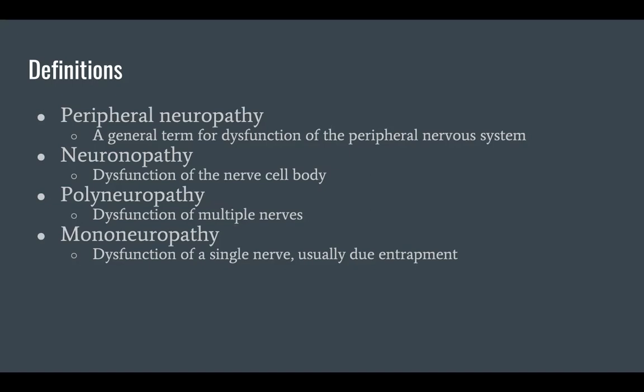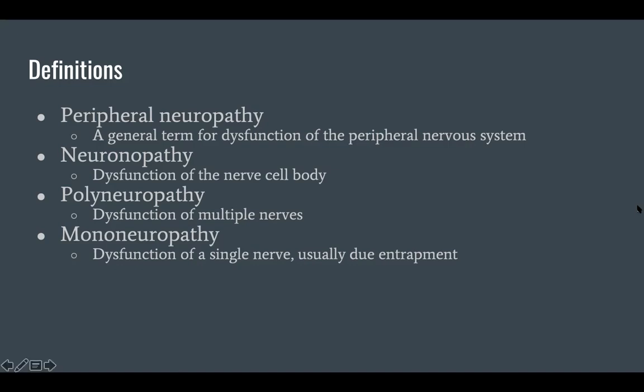So peripheral neuropathies are dysfunctions, obviously, of the peripheral nervous system. So think of like arms and legs. Neuropathy is a dysfunction of the nerve cell body itself. Polyneuropathy, so think of like many nerves.